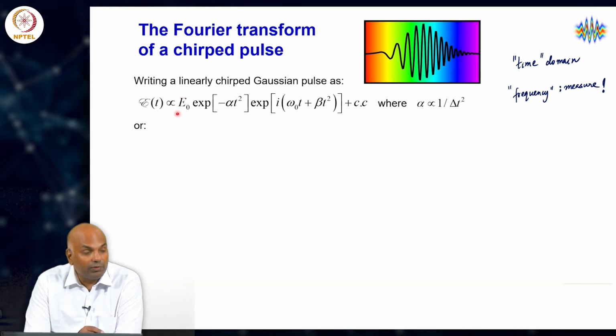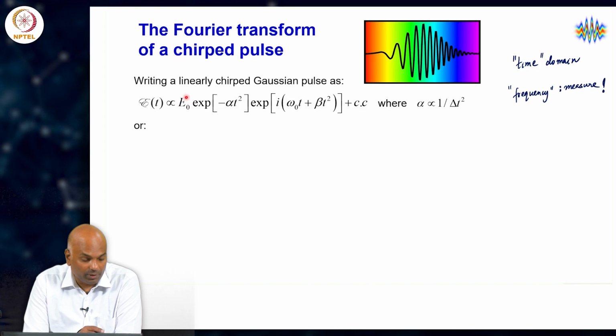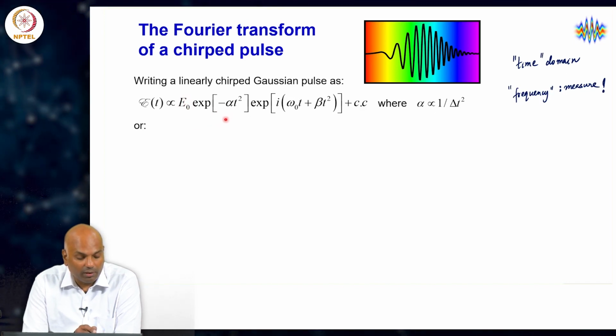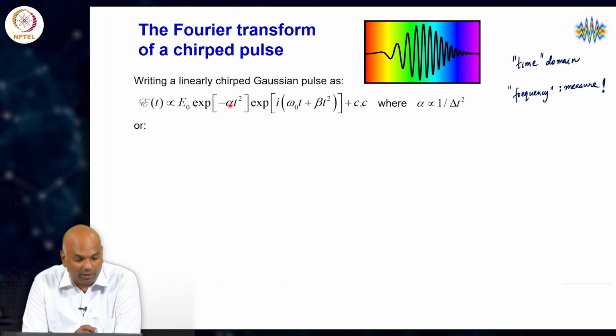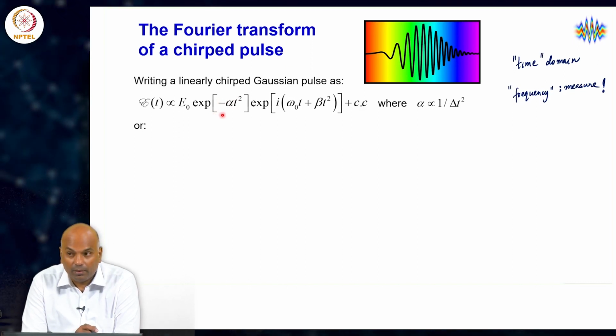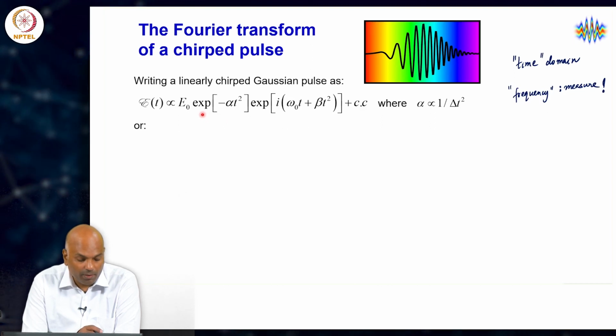We have E naught, which is a constant in time now. E naught does not depend on time, it is not E of t. First term, multiplied by a real exponential factor, exponent of minus alpha t square. There is no I here, please note that there is no I. So, it is not going to make things oscillate, it is Gaussian.